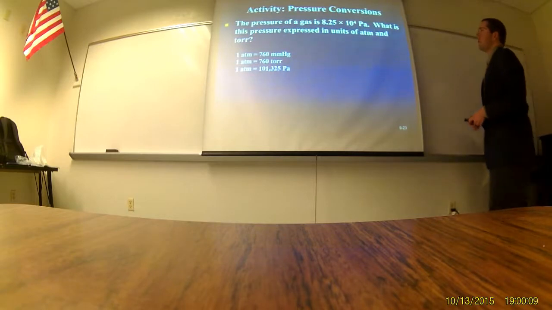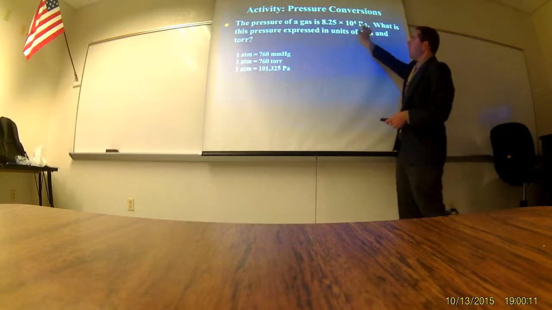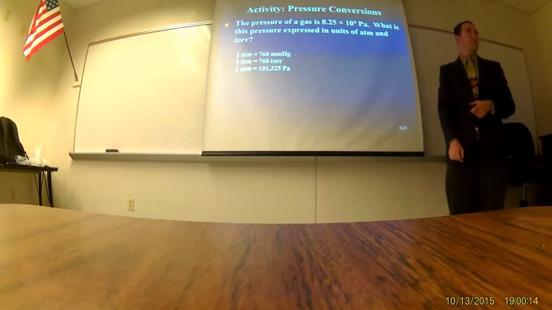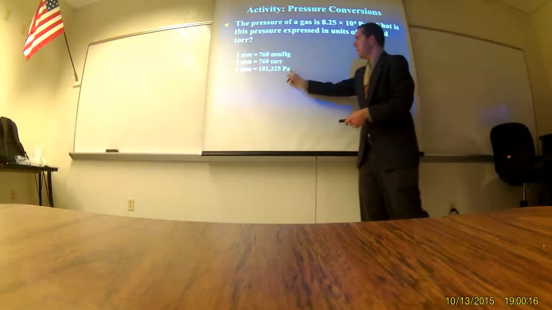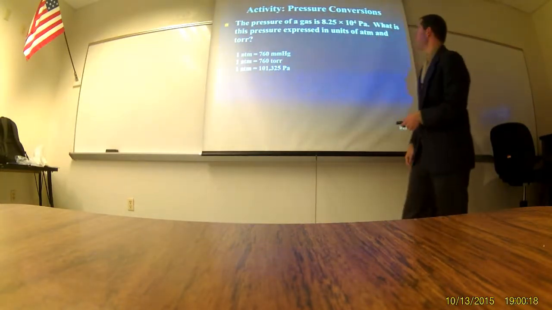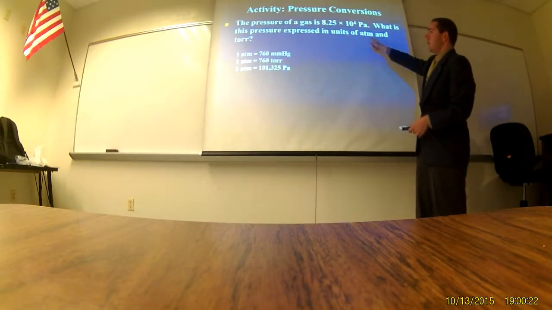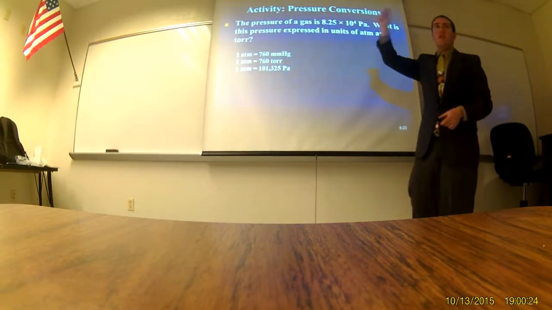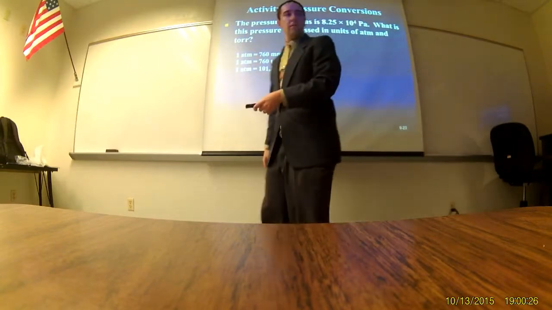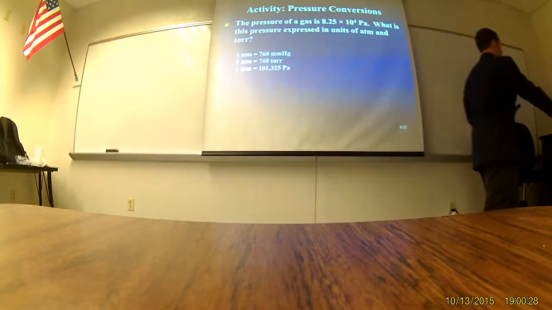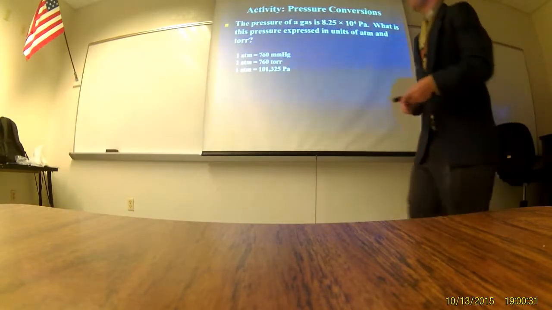So here's a conversion. This one has pascals, but we're given the conversion between pascals and atmospheres. We need to get from pascals to atmospheres and then to torr. So I'm going to use dimensional analysis.